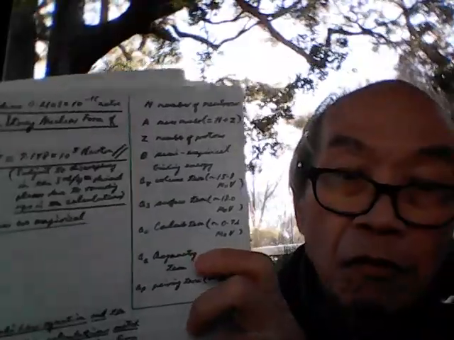This is the empirical potential. Empirical means from the experimental, because this is an experimental formula. Now it becomes 1.507 times 10 to the power minus 10 joules. And you have to remember, this is a potential.